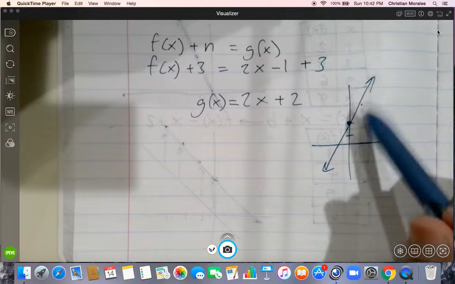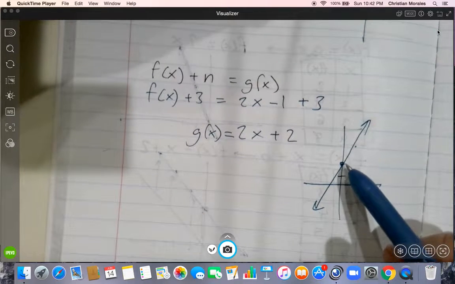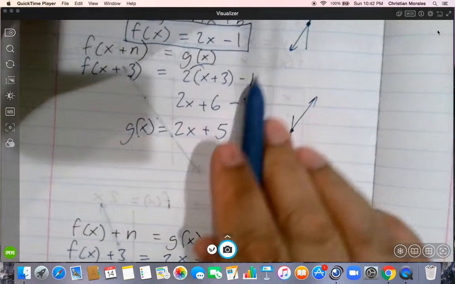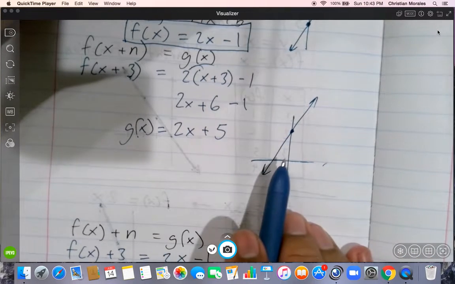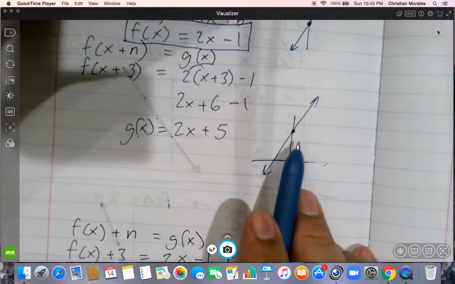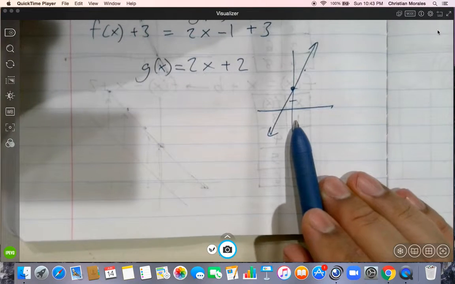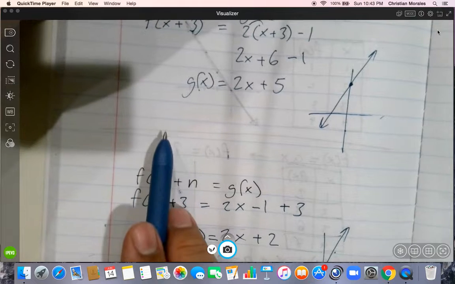Now here's the thing. It didn't move up 3 spaces though. Think about it. Right here we started at negative 1, right? Okay. Here, it moved it up a lot. Here, if we start at negative 1, it moved it up 3. So they don't move it the same amount.